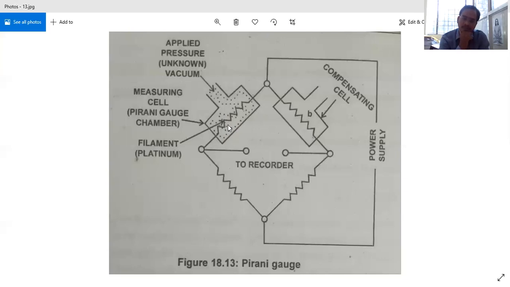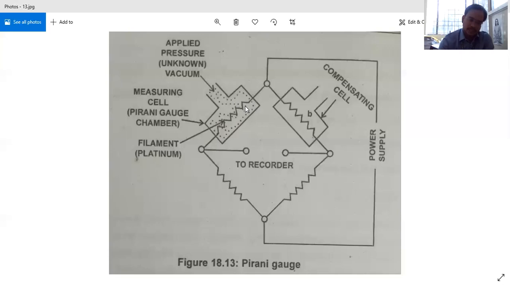So from time to time, it requires proper calibration. And they must be calibrated beforehand for different gases.